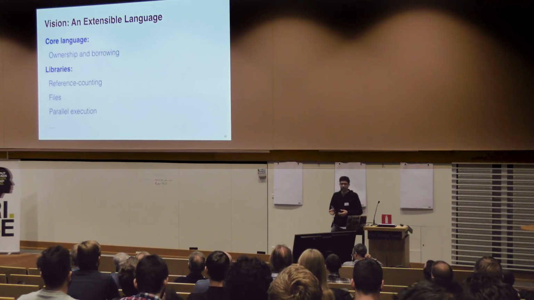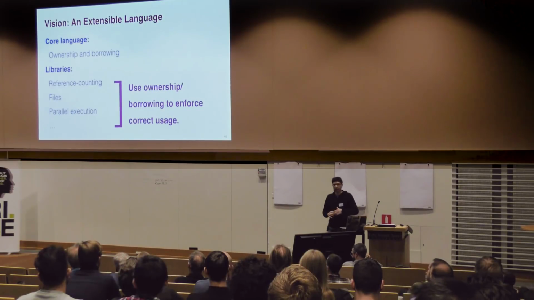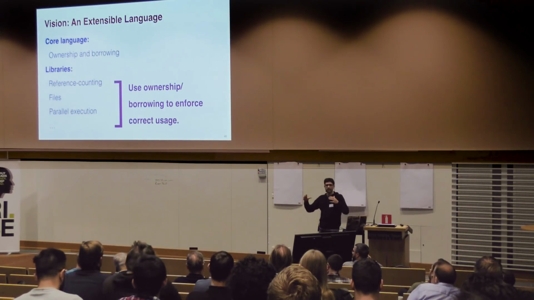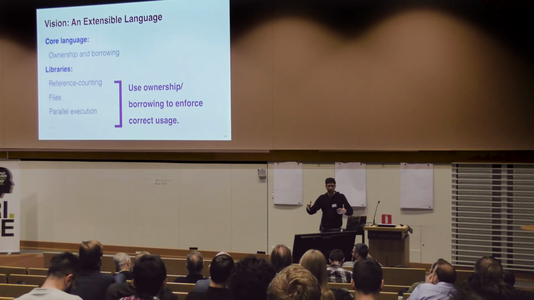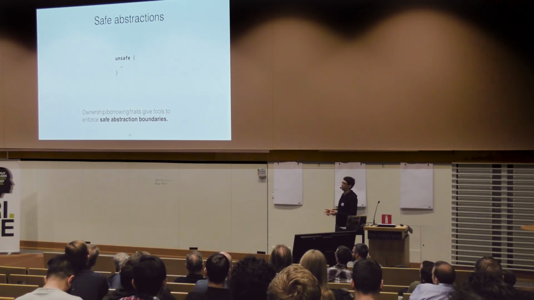Even just accessing a file, all these things are kind of outside of the core language. And what we want to do is allow you to write that code, much as you would in C and C++, but at the API boundary, use ownership and borrowing to guarantee that your callers are not misusing it, right? And so the core idea is what we call a safe abstraction. So we have this keyword, unsafe.